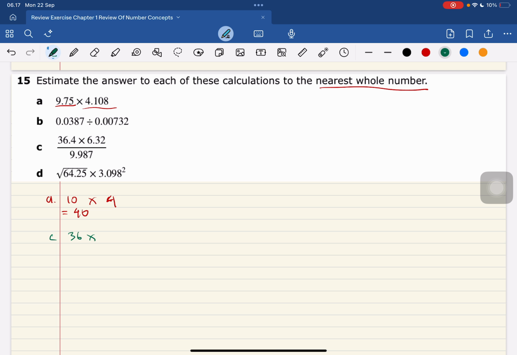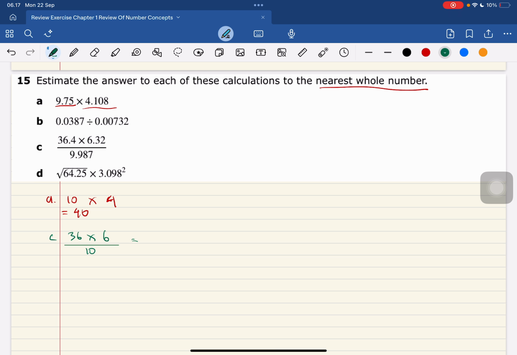We multiply it by 6, and then we divide it by 10. So what is 36 times 6? So 36 we multiply by 6 is going to be 216.